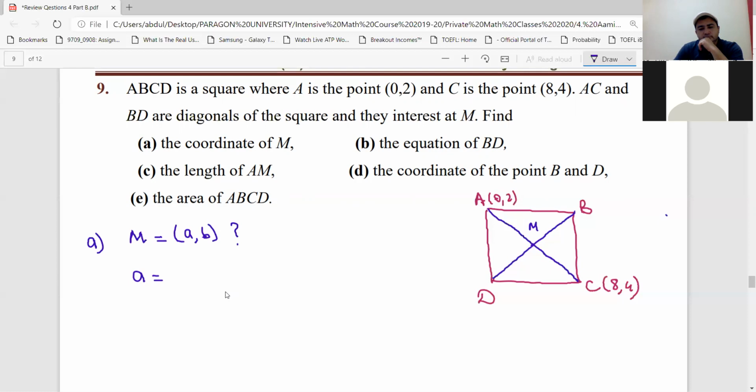A is just the x coordinate. No, okay. How do you find this A? We need to find this M, right? The coordinates of M, question A. So how do we get this A? What is the value of A?